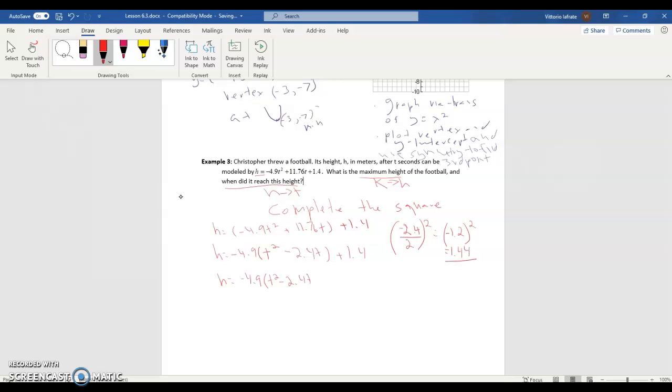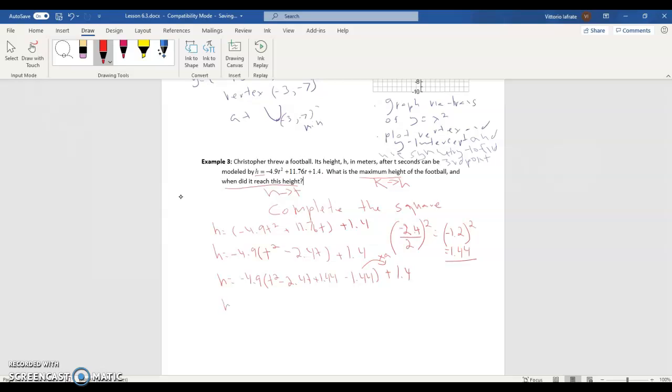It's like 12 squared is 144, but just a factor of 100 less. So minus 2.4t plus 1.44 minus 1.44 plus 1.4 over here.